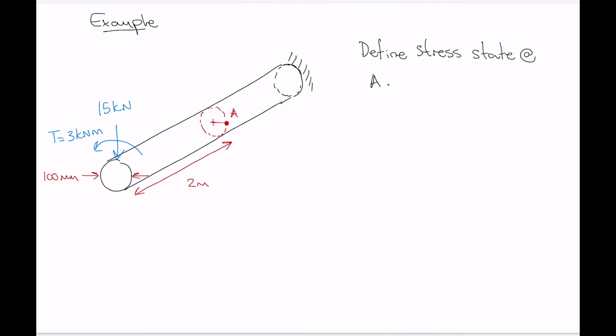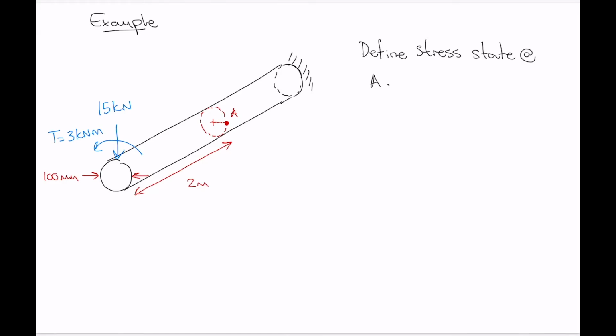Then we look at all of those resulting stresses and figure out which ones can be combined and which can't, and then appropriately combine them and draw an overall picture of the element of material at point A with the combined stresses showing.